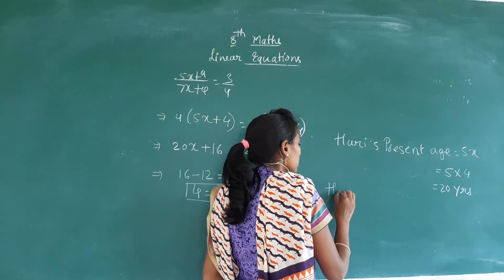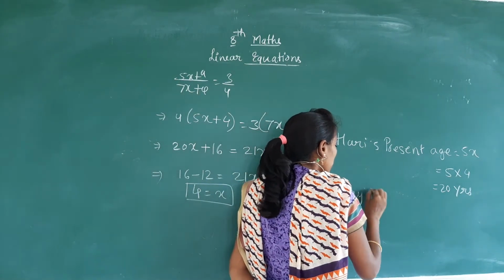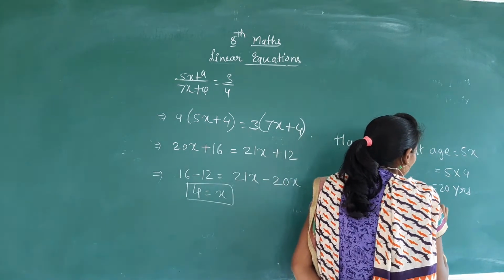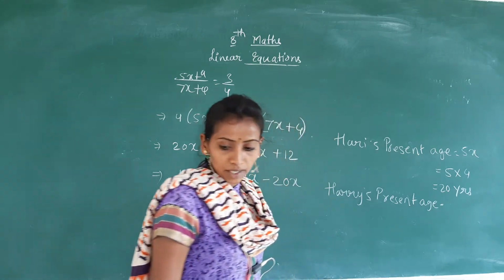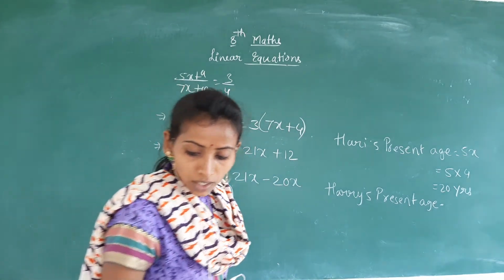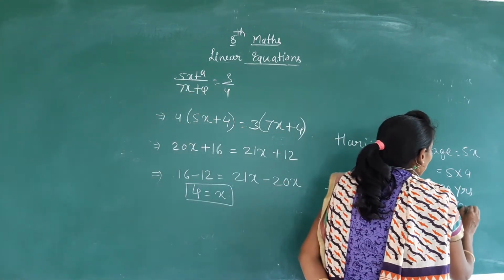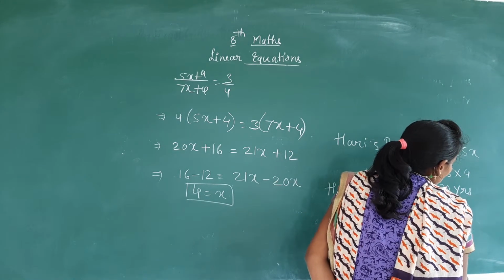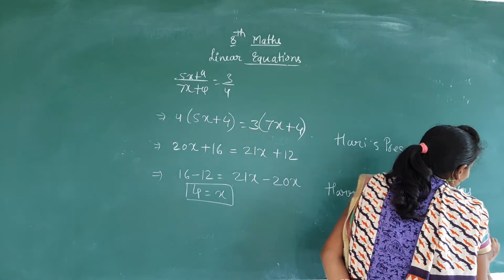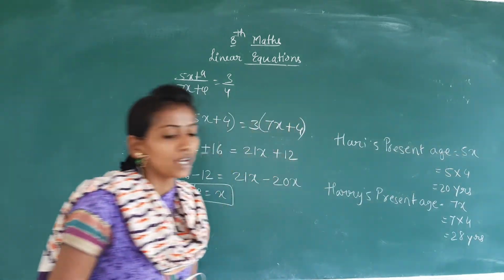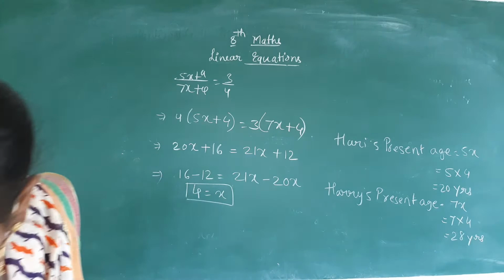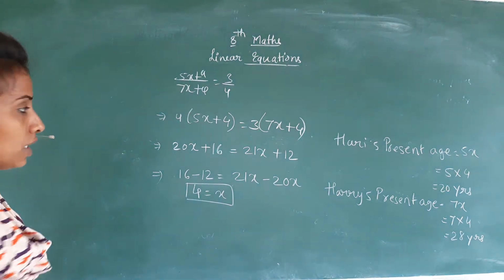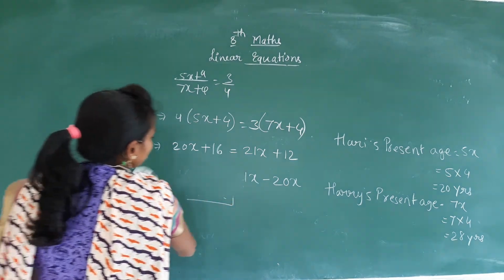And Harry's present age is 7x. That is, we will put the x value here. The x value is 4. 7 4s are 28 years. Like this, we will find their present ages. Next, we will move to another example.